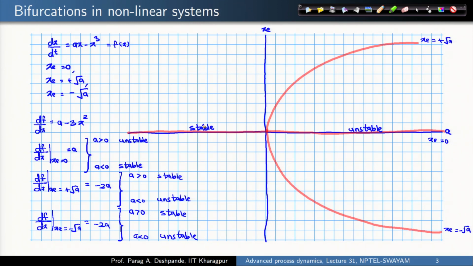So, therefore, the only curve which is present here is the stable one. This is stable. You can see from df by dx at x is equal to root a is minus 2 a, and a is always greater than 0 in this, and same is the case for the lower curve. This is also stable, and all these 3 points meet here.